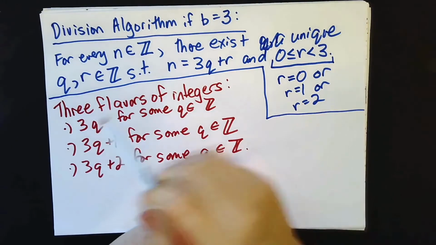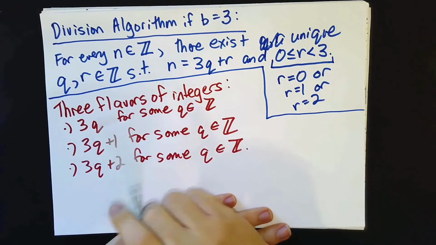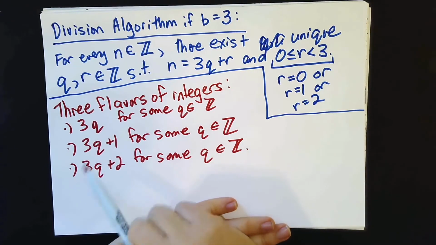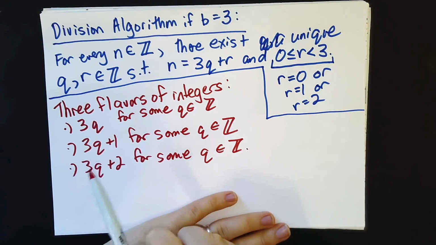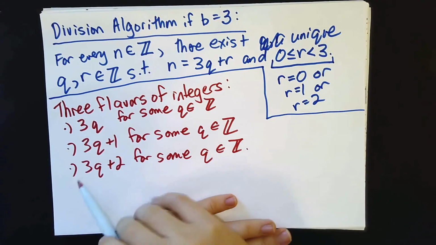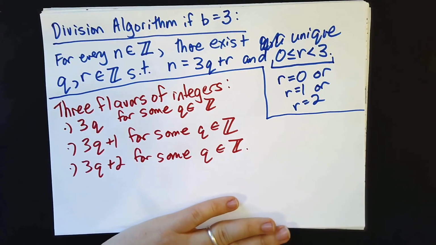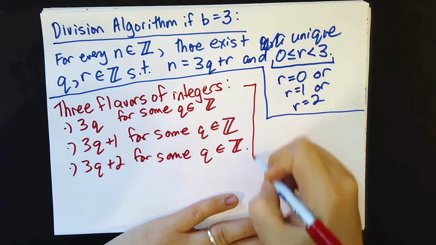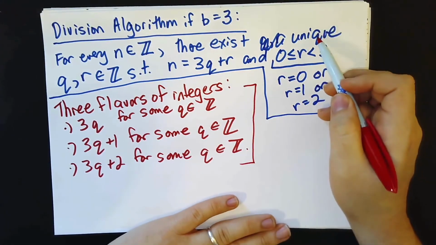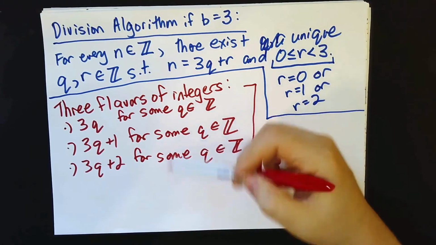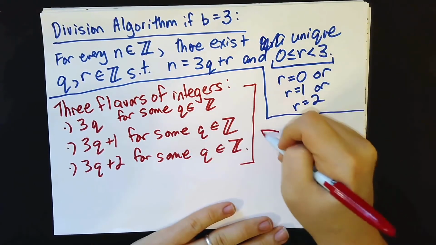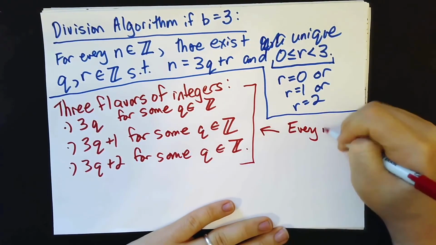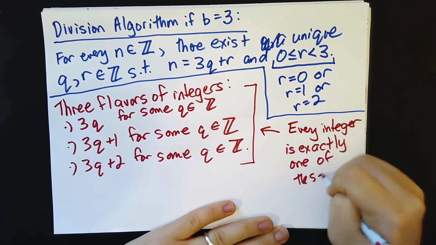There's the flavor that looks like 3q for some q in the integers, the flavor that looks like 3q plus 1 for some q, and the flavor that looks like 3q plus 2 for some q. And I want to remind you, because of the uniqueness, there are no integers that accidentally fall in 2 of these. So every integer is exactly one of these flavors.